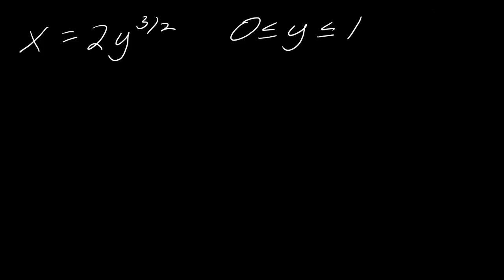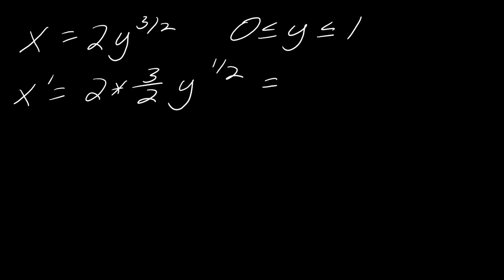So to that end, let's work through this. The first thing I'm going to need is to find a derivative. If I take the derivative, this will be 2 times 3/2 y to the 1/2, so that is just 3y to the 1/2. Okay, cool. So now I can integrate.